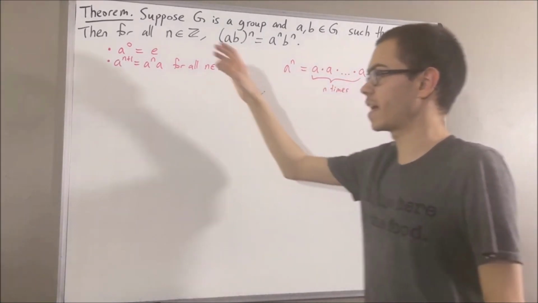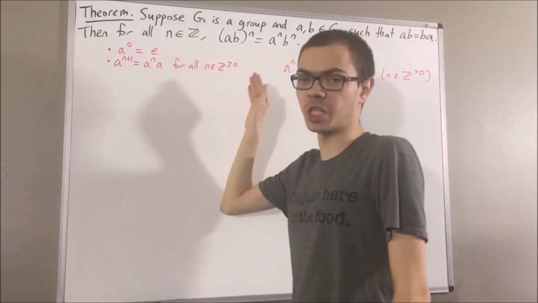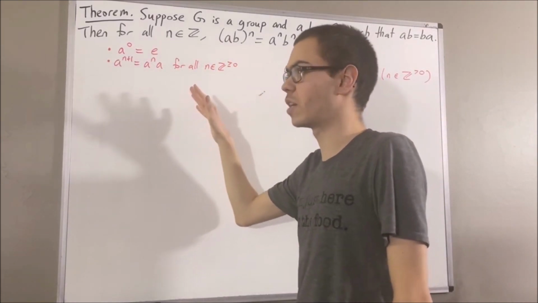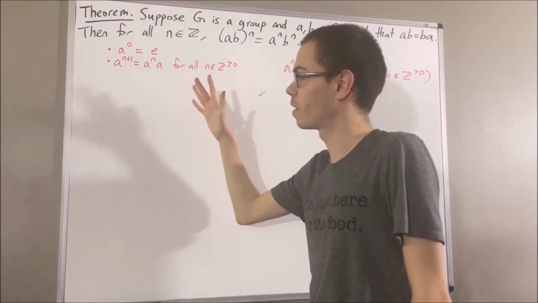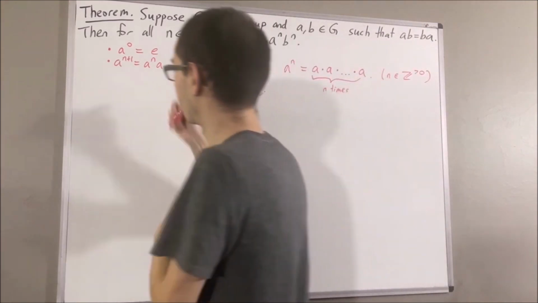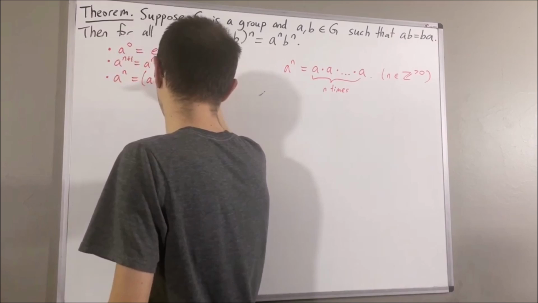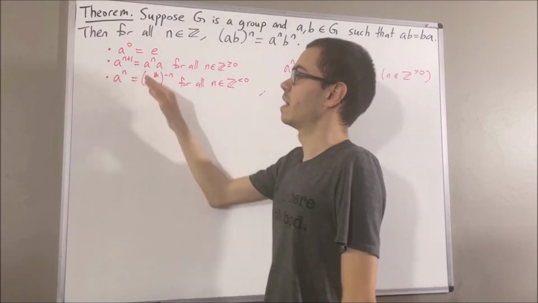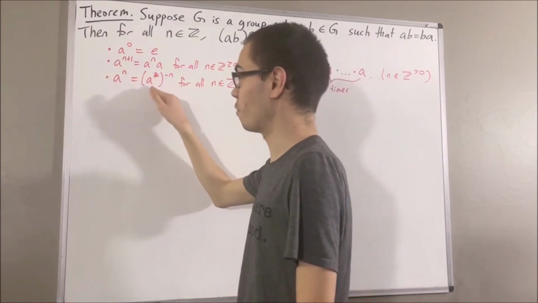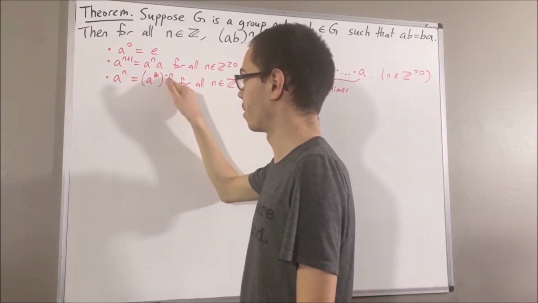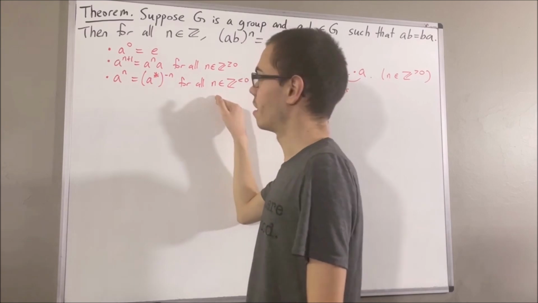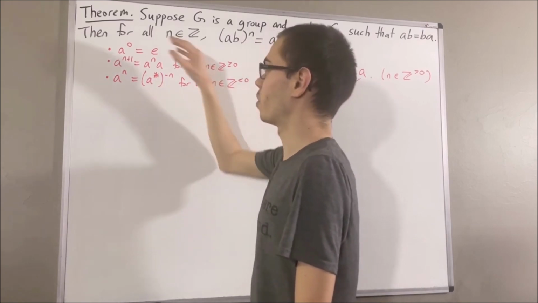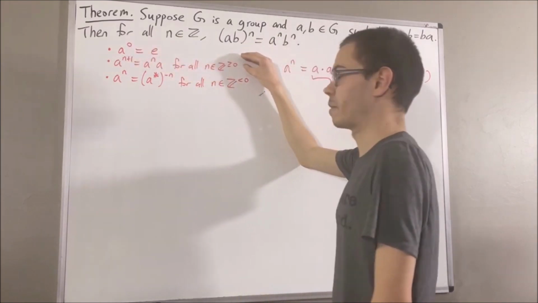So we know how to raise any group element to the power of a positive integer. So then how do we raise a group element to the power of a negative integer? Our definition is as follows. Given any negative integer n, a^n is equal to the inverse of a to the power of negative n. This definition makes sense because we know how to raise any element of a group to the power of a positive integer.